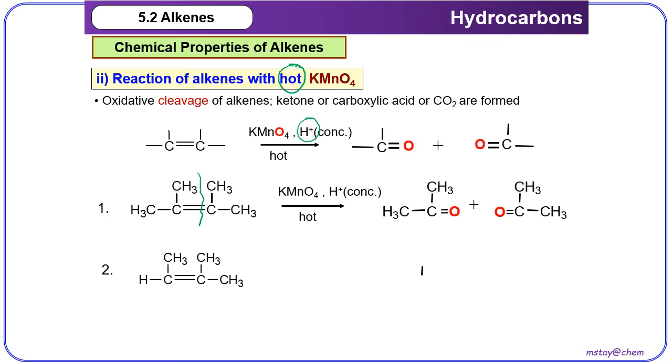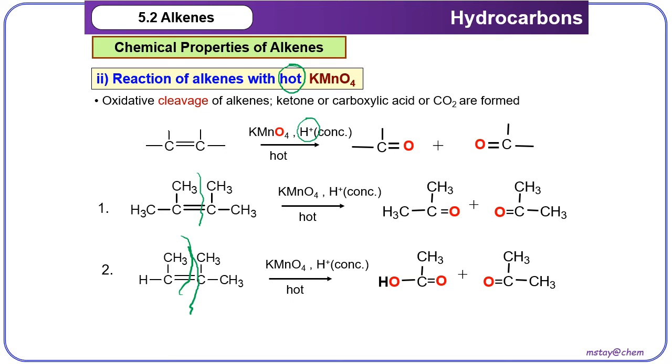Okay, second condition, when we break down the double bond, you will have two conditions like this. Only you have to remember that if there are alkyl groups like this, we have two alkyl groups, so we just add oxygen. In the second example here we have an alkyl group and a hydrogen, so you have to add oxygen over here as well.